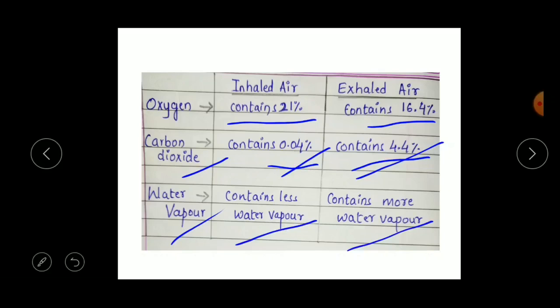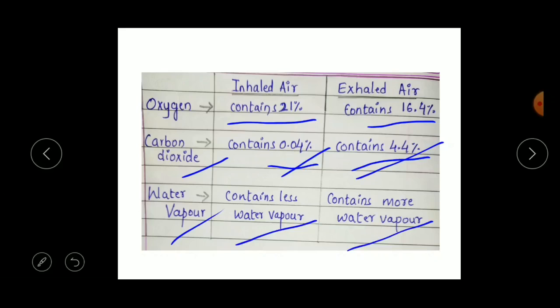That's why a film of moisture appears on a mirror when you exhale on it. So this is the percentage of inhaled and exhaled air.